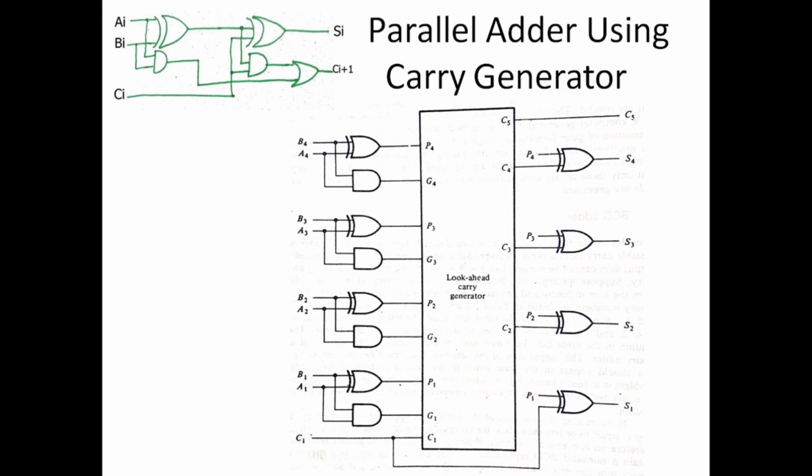There is no internal carry propagation delay because it has been avoided using the look-ahead carry generator. This look-ahead carry generator predicts the carries C2, C3 and C4 from these inputs and calculates the sum bits without waiting for the internal carries, because the internal carries are not dependent on each other. This circuit is much more efficient than the previous circuit without the look-ahead carry generator.